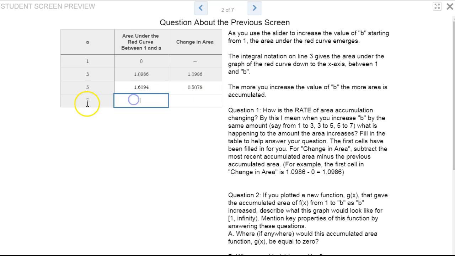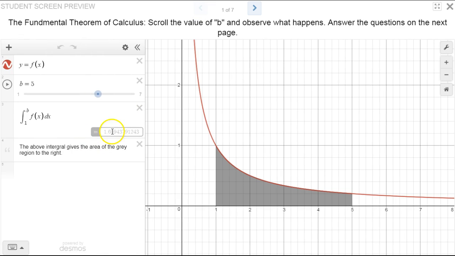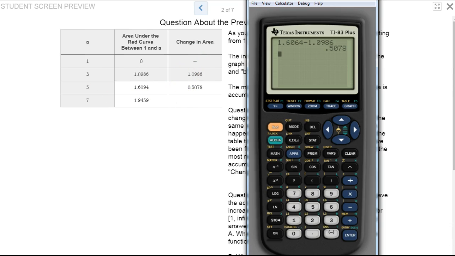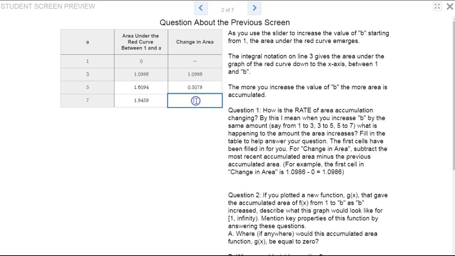Then I go back and do it again for 7. I extend this all the way to 7 and get 1.9459. I subtract, and I'll change the sign here because I'm doing this one minus this one rather than the other way around, so it's a positive 0.3395.